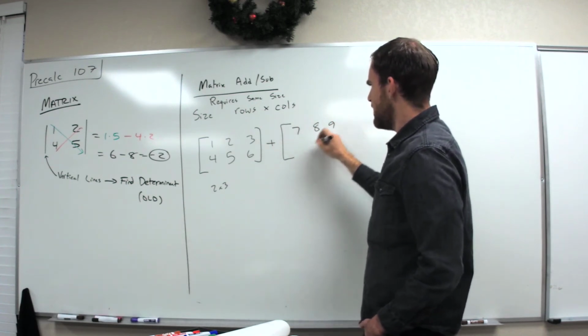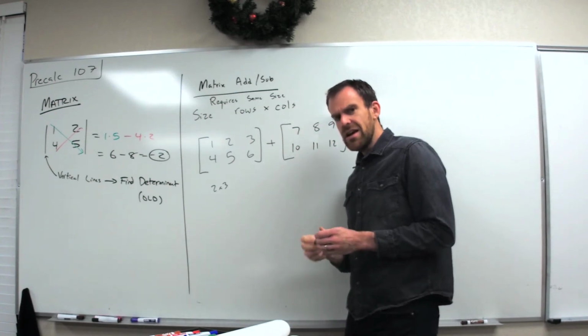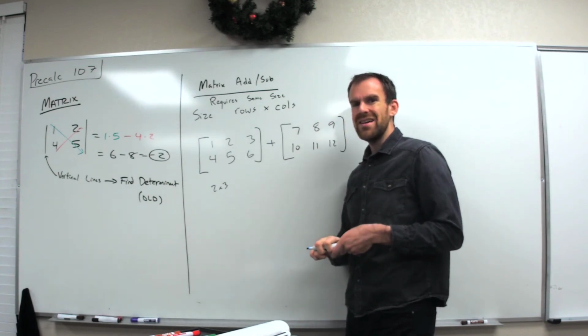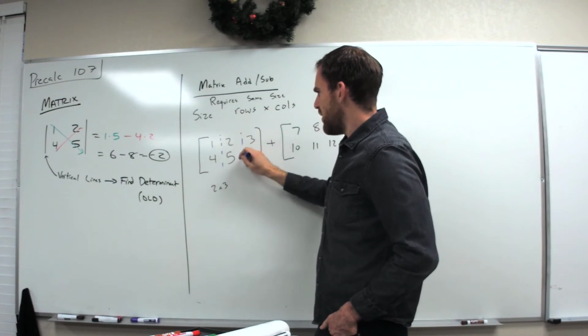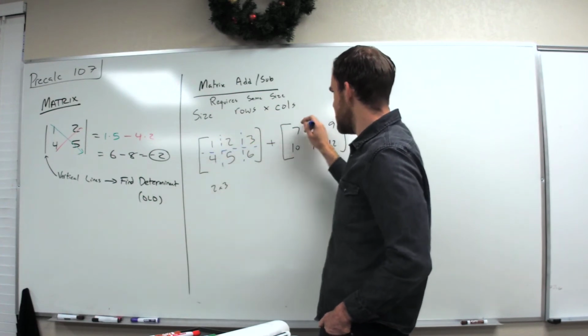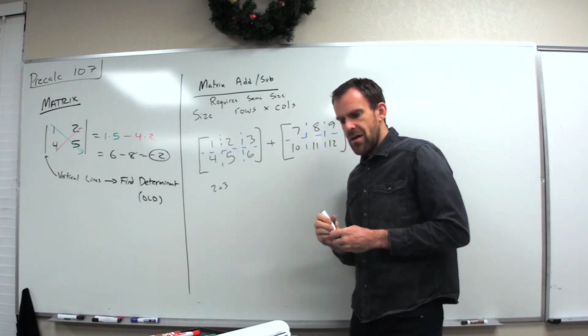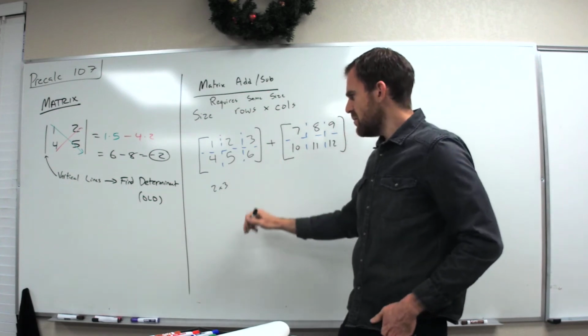7, 8, 9, 10, 11, 12. So each of these matrices has a number in each index or each spot. Think of it as a table, and if I put these little dotted lines here, you can see the spots of the table a little bit better. Now, the answer to your addition is going to be simple.